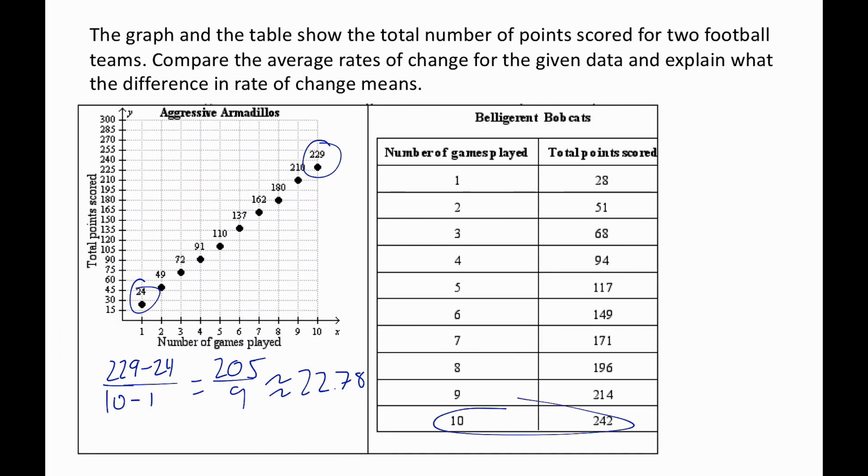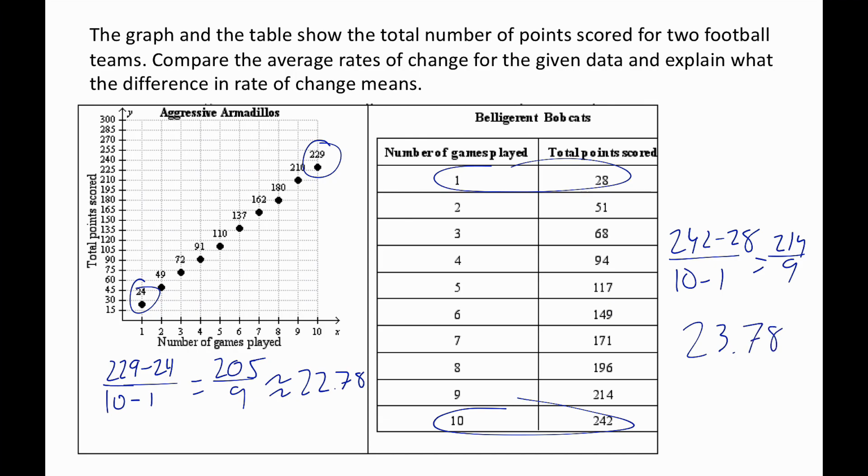Then same thing for the belligerent bobcats. This is our last data point, and this is our first data point here. We're going to do the same type of thing: 242 minus 28 over 10 minus 1. 242 minus 28 gives us 214 divided by 9, which gives us 23.777, so 23.78.